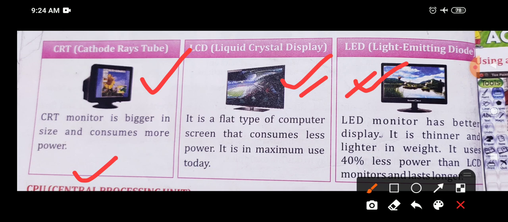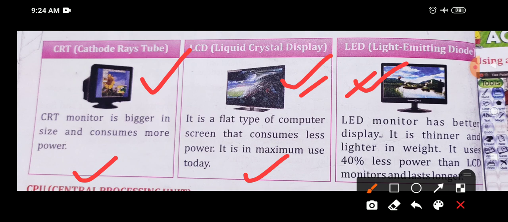Now LCD monitor, it is a flat type of computer screen that consumes less power. It is in maximum use today. So LCD monitors consume less power and also its screen is flat. So nowadays mostly people are using LCD monitors.